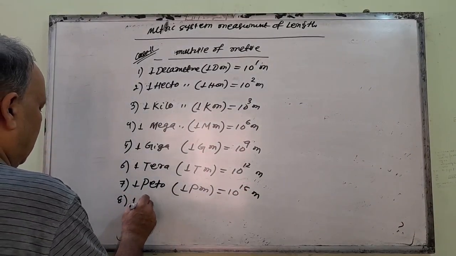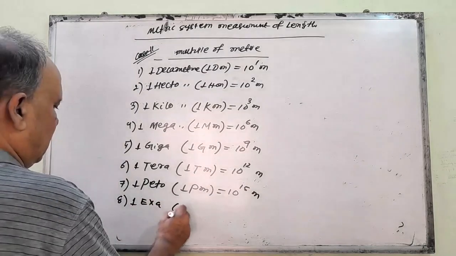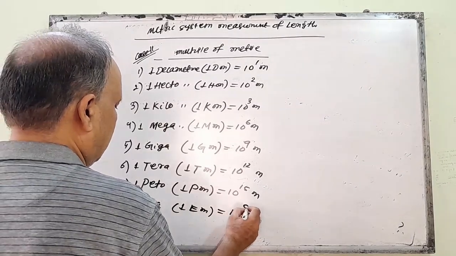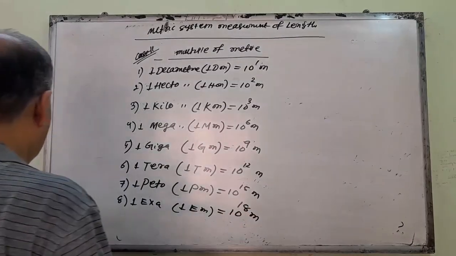1 exameter, capital E small m, 10 to the power 18 meter.